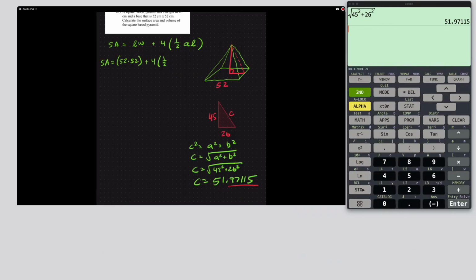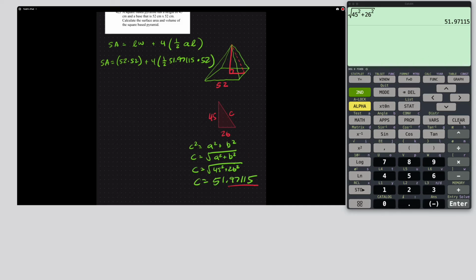So that's going to be times 51.97115 times the L, which is the length, which is, again, 52. Okay, and now I just need to put that into my calculator.